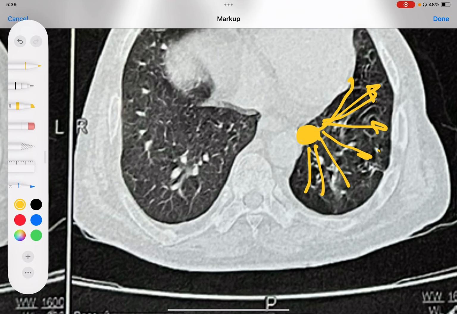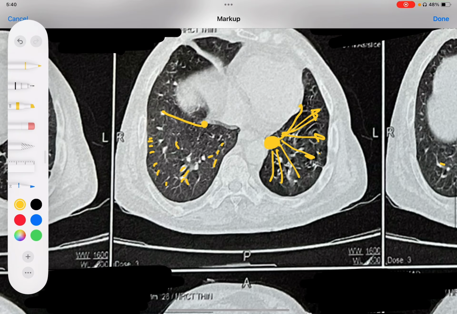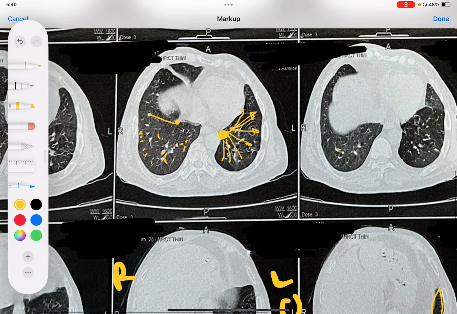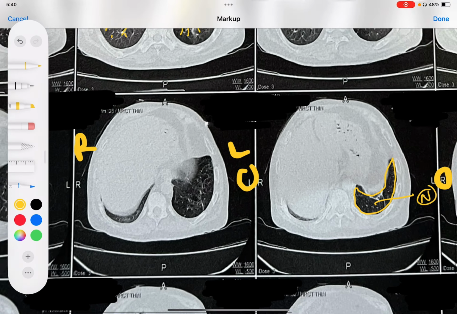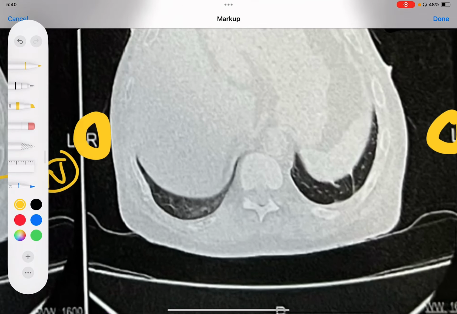But just see here, it is looking like Maggi noodles. There is no particular continuation from this to here. The dense fibers are here, and these fibers are also very significantly present here, and up to the periphery also the dense fibrotic bands are there, which should not be there. Just compare this lung.